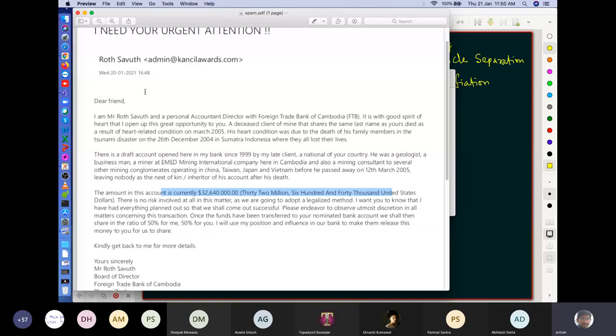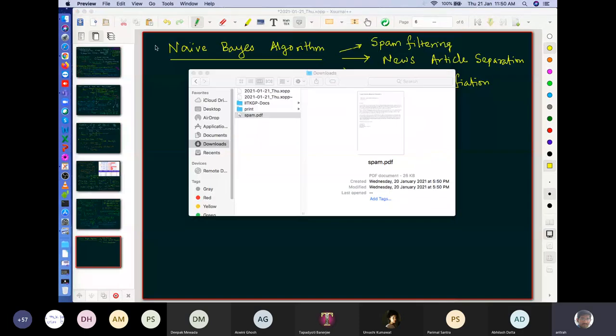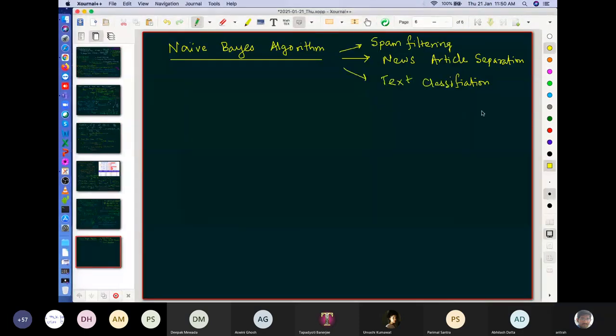Let me finish up with this algorithm. What we are trying to do in the naive-Bayes classification is, for example, spam or not spam, a binary classification. But news separation is not binary, because it could be sports news, financial news, or political news.